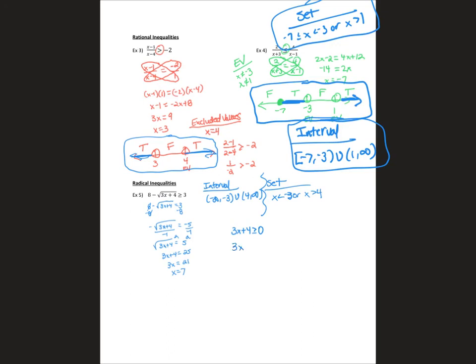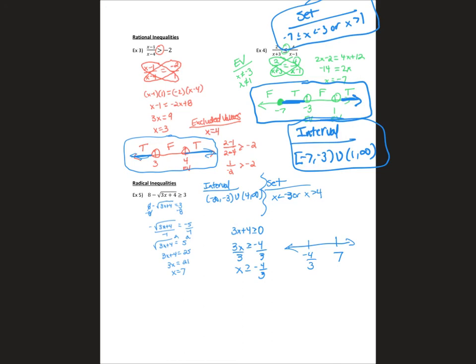So 3x is greater than or equal to negative 4, divide by 3. X has to be greater than or equal to negative 4/3. So these are my critical points, negative 4/3 and 7. Now we got to determine whether these critical points are included in our solution set.